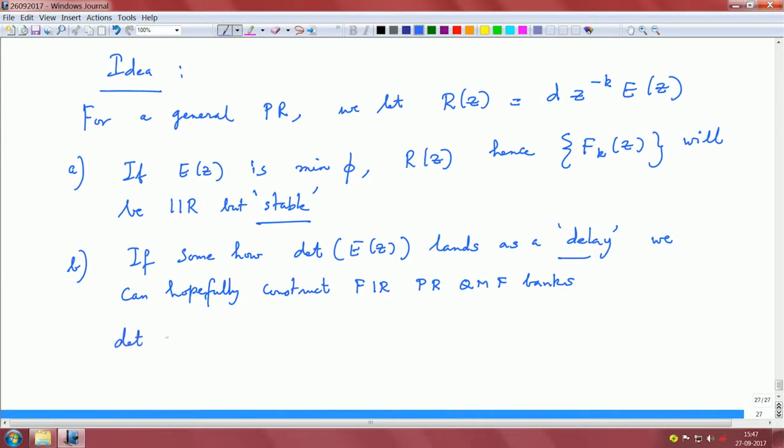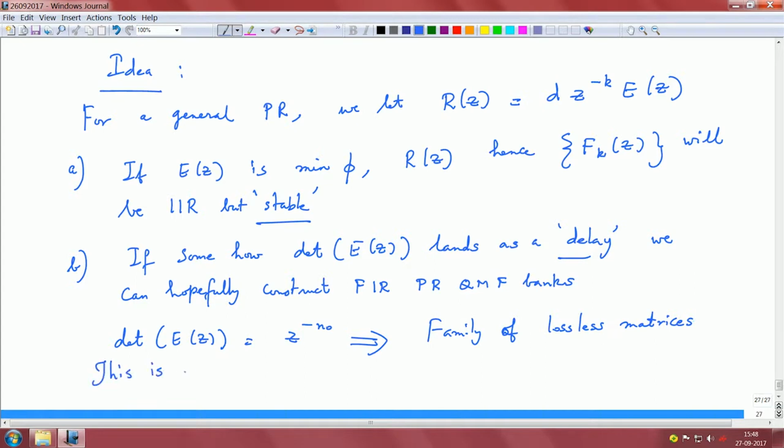So, determinant of E of z equals some delay would certainly imply that we have a family of lossless matrices. This is, however, not a necessary condition for perfect reconstruction.